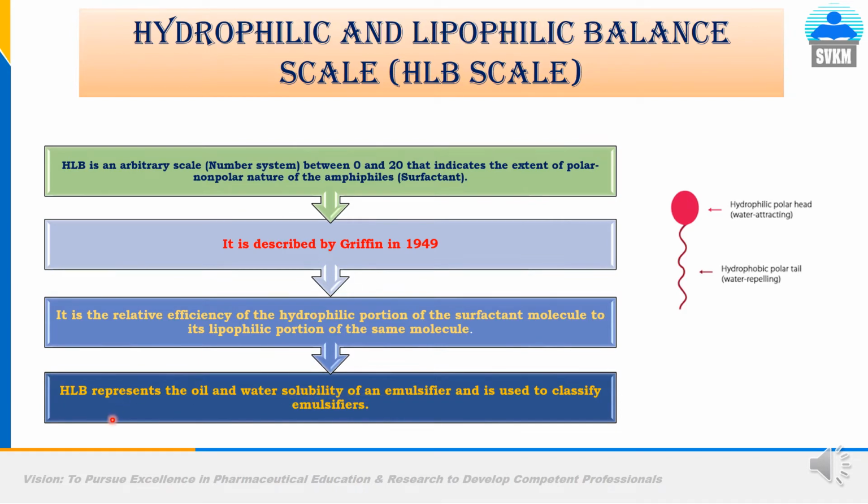This HLB scale also represents the oil and water solubility of an emulsifier. It means that it tells whether it imparts oil solubility or water solubility. That knowledge we are going to take from this HLB scale. And this scale is generally used to classify the emulsifier or the surfactant molecules.